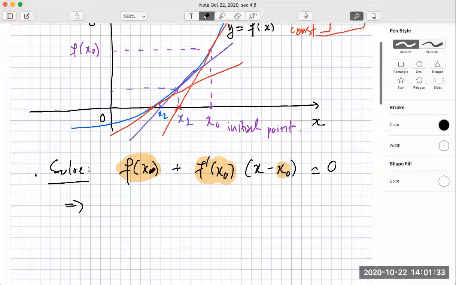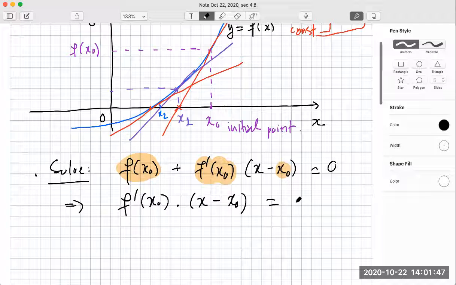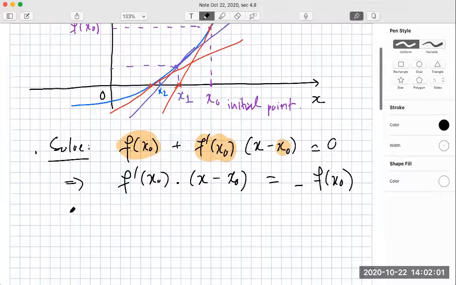Let us eliminate the number f of x0 first, right? Then we have that f prime of x0 multiplied by (x minus x0) will be equal to, yes, very good. So from this, the f prime here is annoying, right? Can we eliminate it?